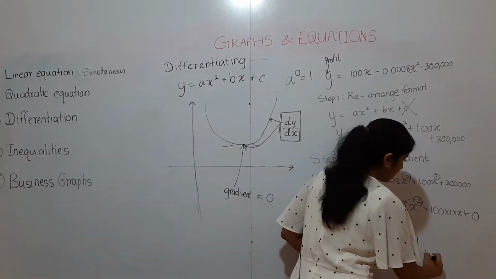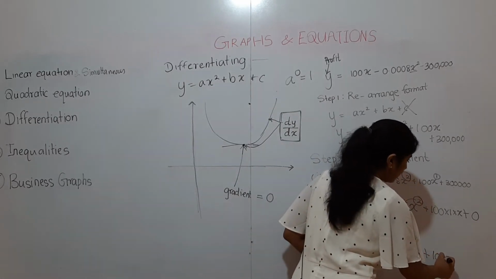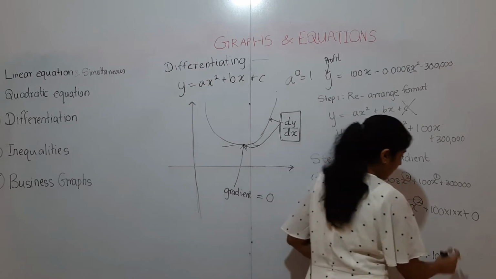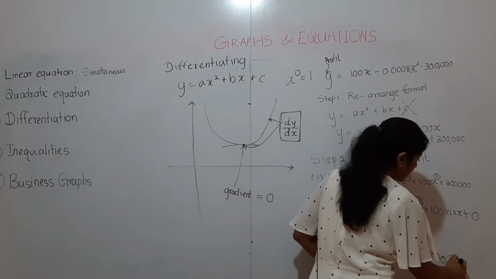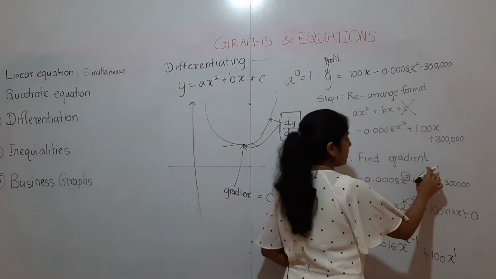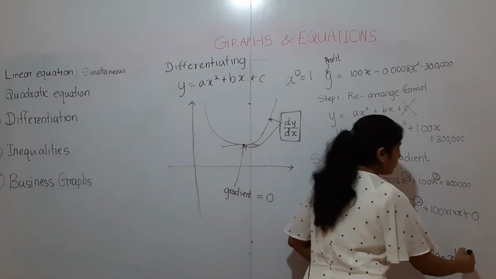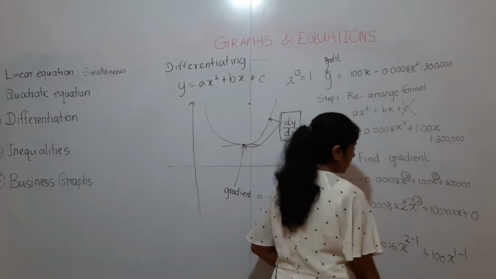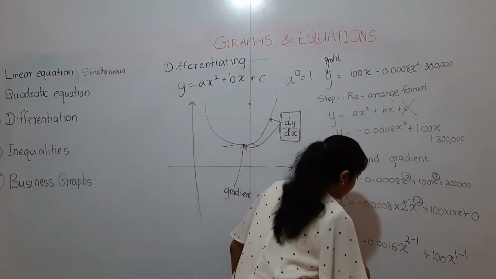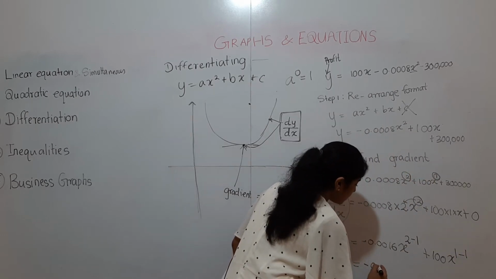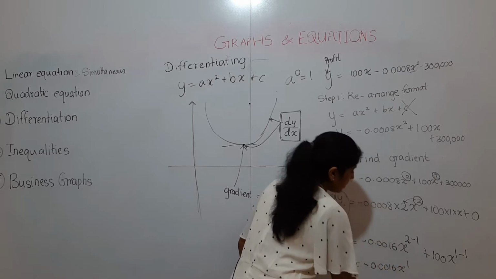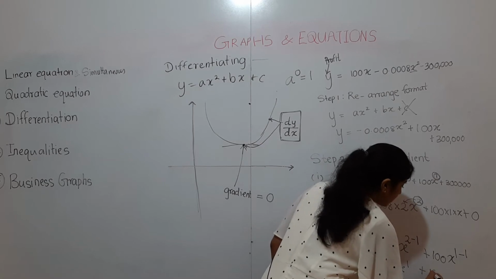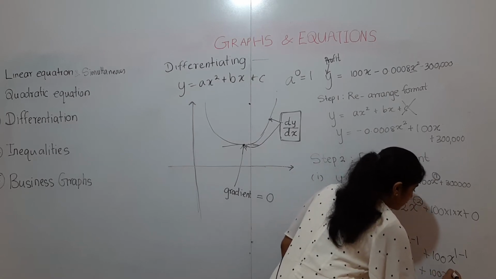And then add 100. Here we have 100 into 1 is 100. The x is just there, but I said if it is just there, its power is 1. If we minus 1, it will become 0. Now see what the answer will be. Minus 0.0016 x to the power 1, plus 100 into x to the power 0.